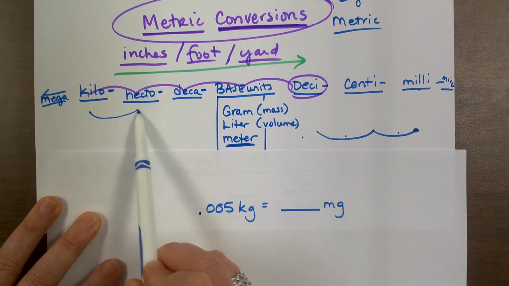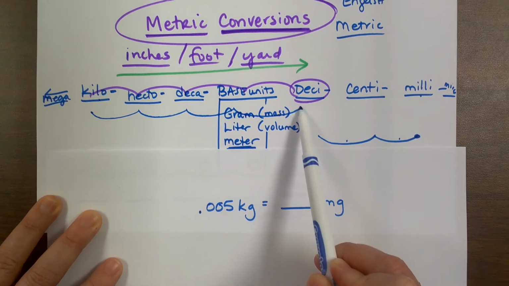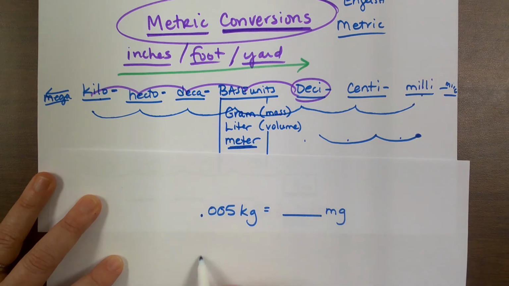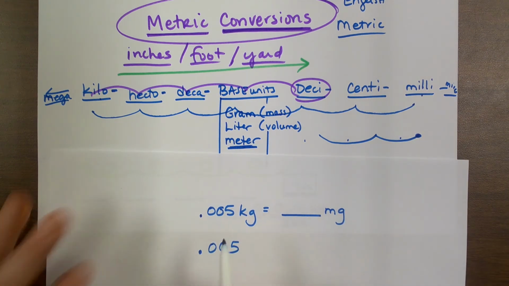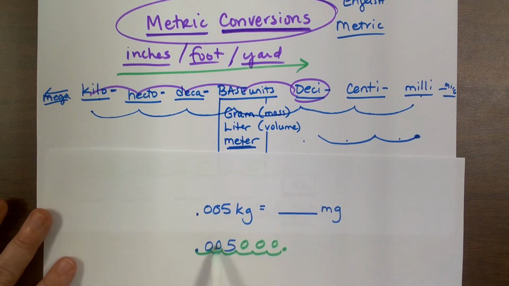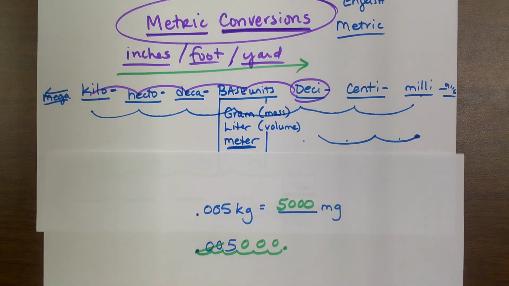So we're going to go kilo, hecto 1, to deca 2, to base 3, to deci 4, to centi 5, to milli 6. So it'll go 1, 2, 3, 4, 5, 6. So now the decimal is there, and that's a really weird looking number, but those zeros don't matter anymore. So 0.005 kilograms is 5,000 milligrams.